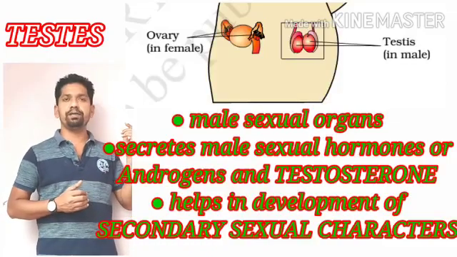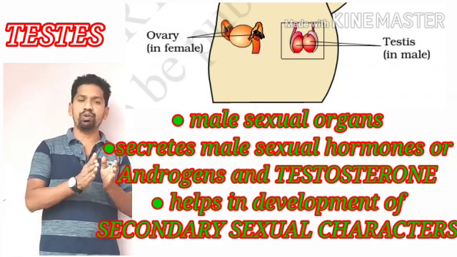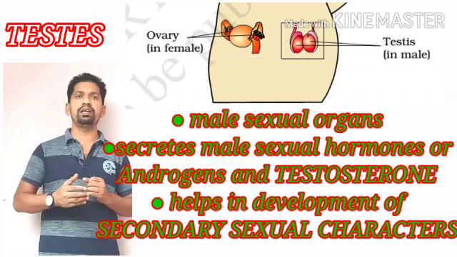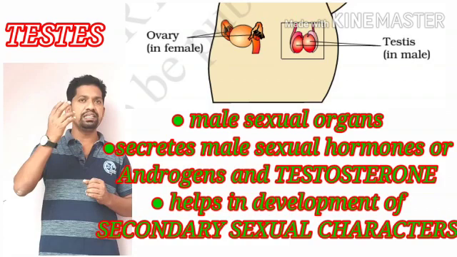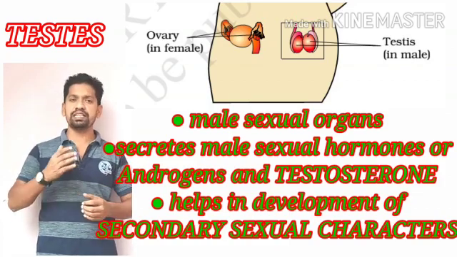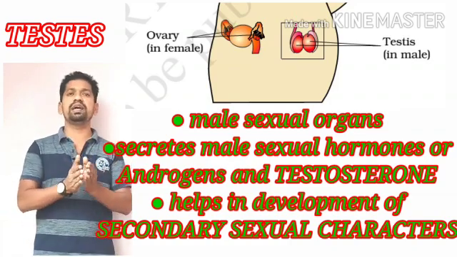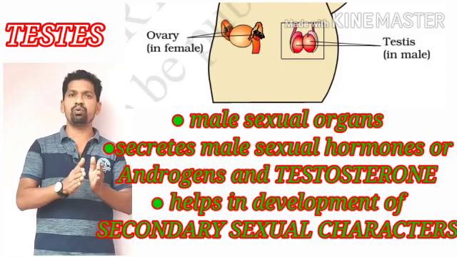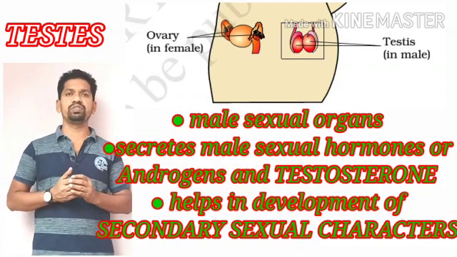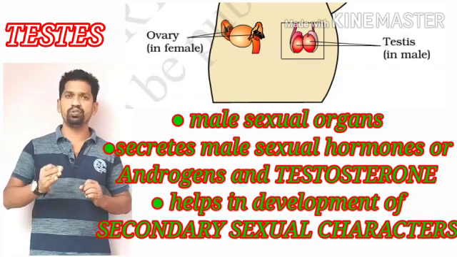Especially in the adolescence age in boys, the secondary sexual characters like low pitch male voice, beard, mustache, male sexual desires, growth rate in the limbs and muscles are completely controlled by the male sexual hormones, and all these are known collectively as secondary sexual characters of the boys, which are controlled by male sexual hormones known as androgens. The powerful androgen is testosterone.